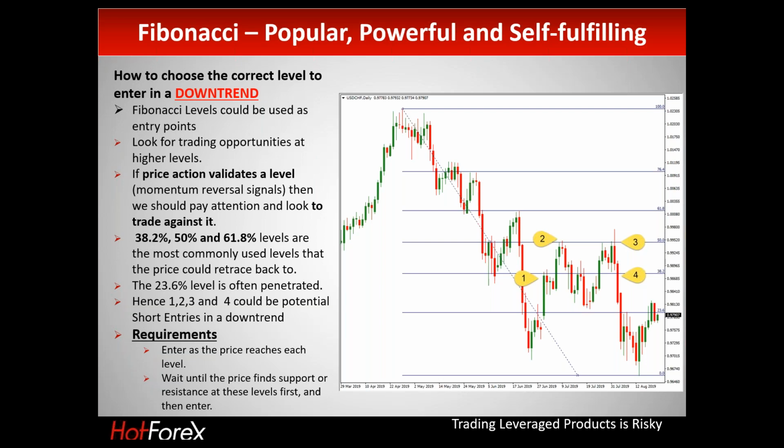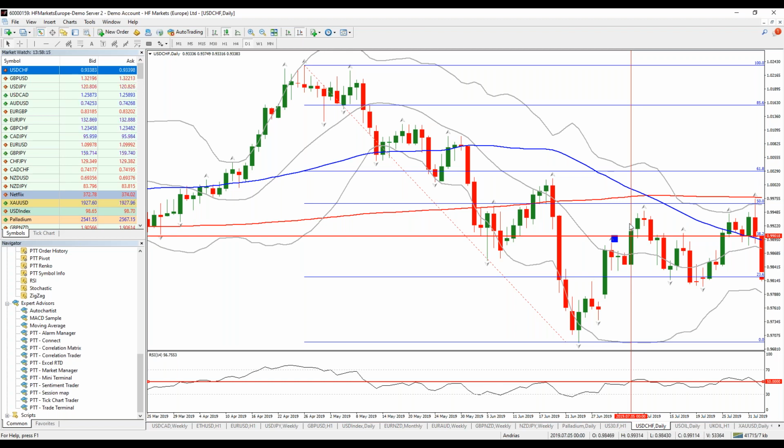So if your stop loss is hit, like in this case, where we have entered long, but it didn't breach 50, turned back down to 23.6 before getting back up to 50%.